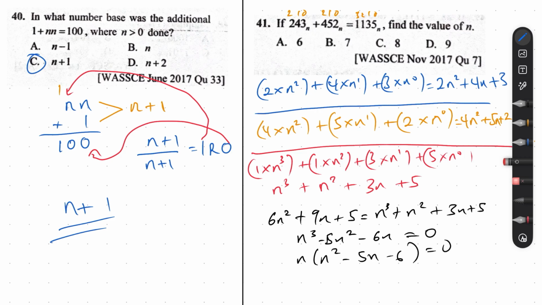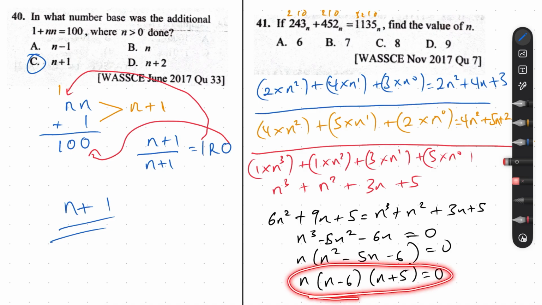So by solving the quadratic, our solution is n multiplied by n minus 6 times n plus 1, because our factors are -6 and +1. Now equals 0. So now this is our simplified quadratic.